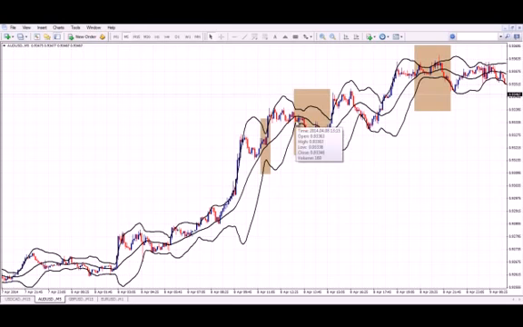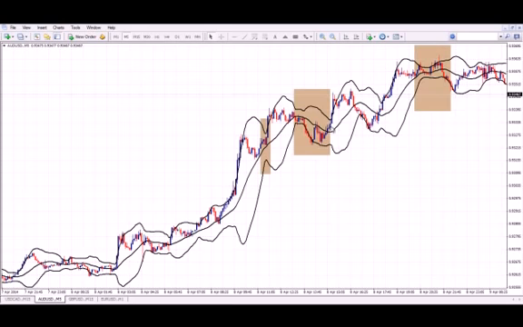This makes the Bollinger Bands contract, and here you can see that we are making lower highs. This means that we are in a correction of the main move, and when price crosses above the moving average again and closes above this high right here, we have a trigger to buy calls on this currency pair.